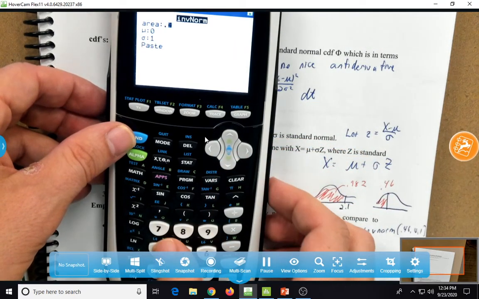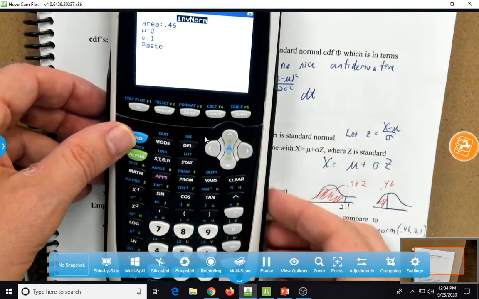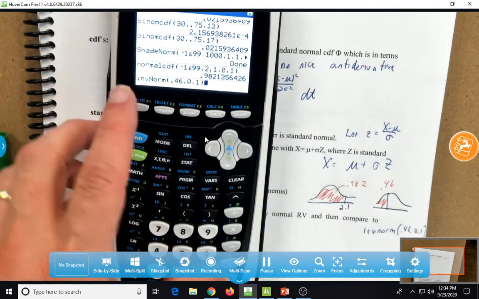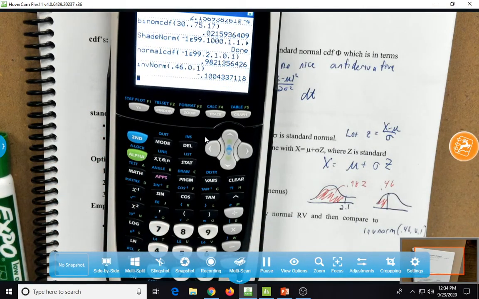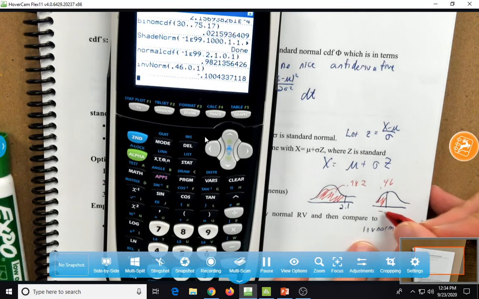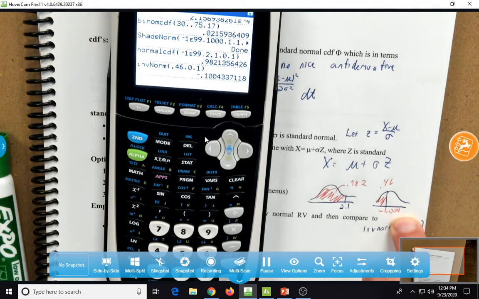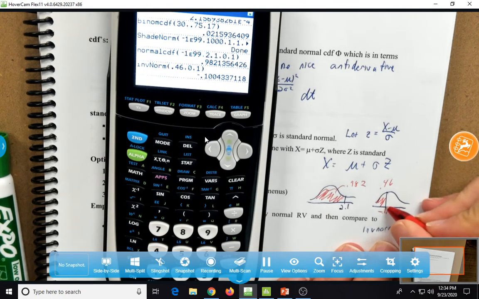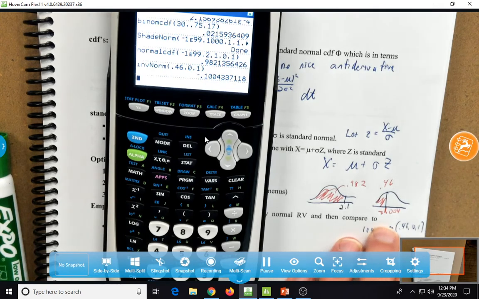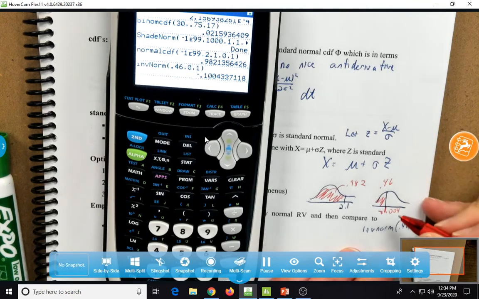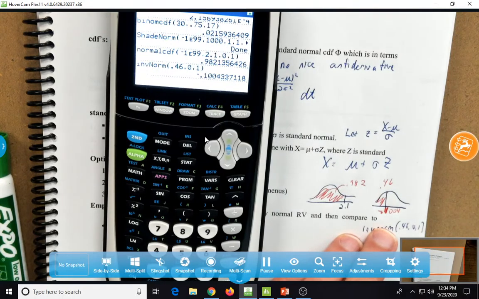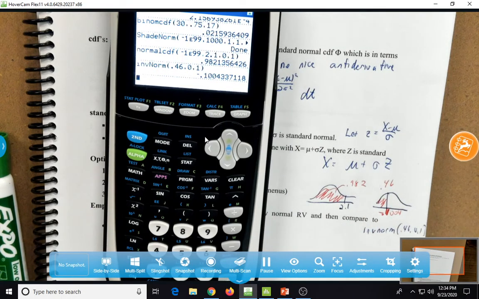The area was 0.46, whatever my mean and standard deviation is. Yeah, so inverse norm 0.4601. That'll give me -0.1004. That is the 46th percentile.